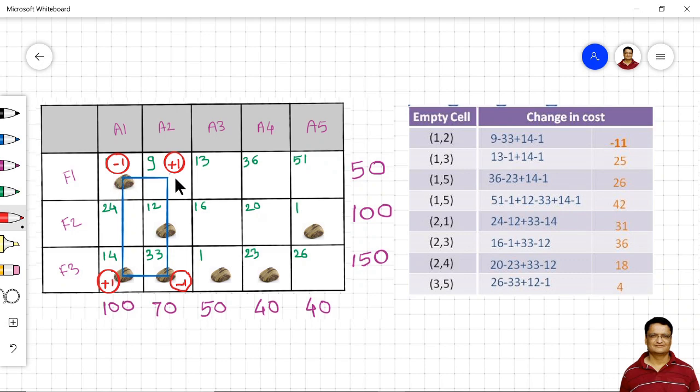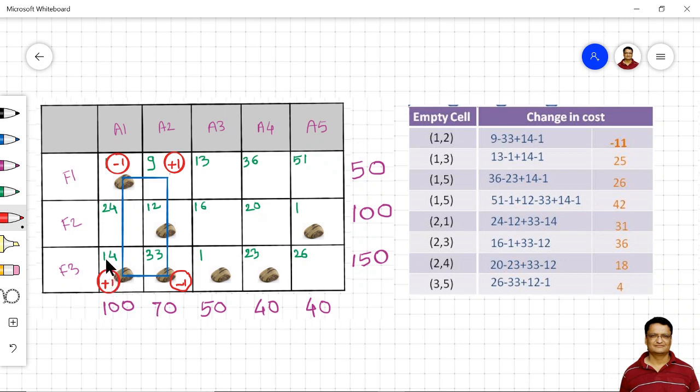Now what is the change in cost that we have to evaluate? This +1 is associated with this 9 unit transportation cost, so I have written it as plus 9. This minus 1 is associated with this 33 unit transportation cost, so I have written it as minus 33.